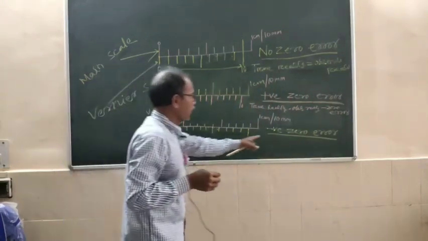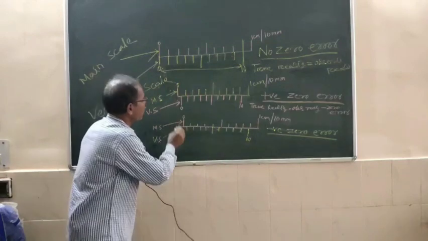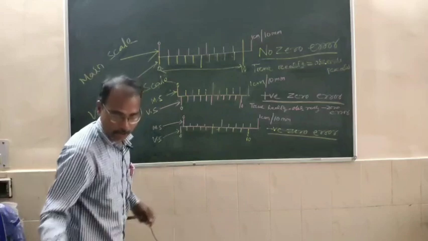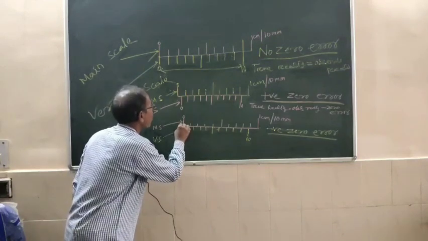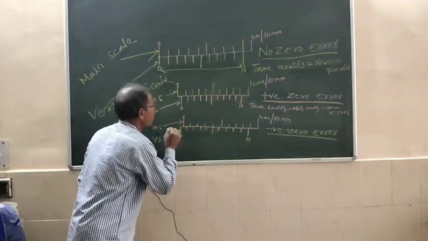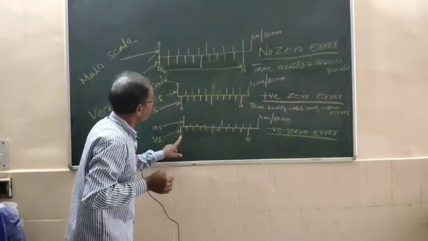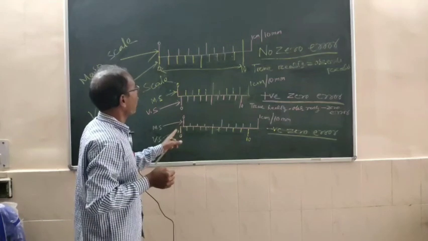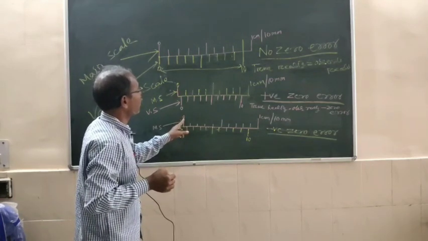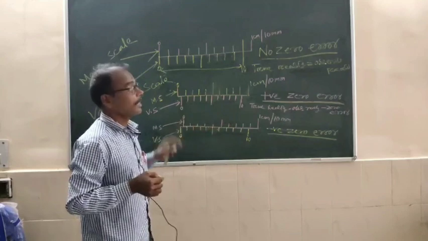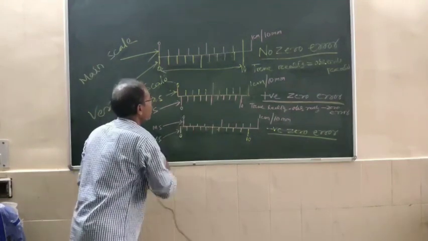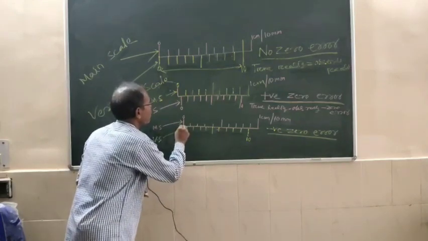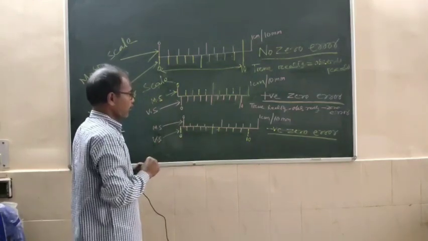Then negative zero error. When the zero of the vernier scale lies to the left of the zero of the main scale, it is known as negative zero error. This one is the zero of the main scale, this one is the zero of the vernier scale.